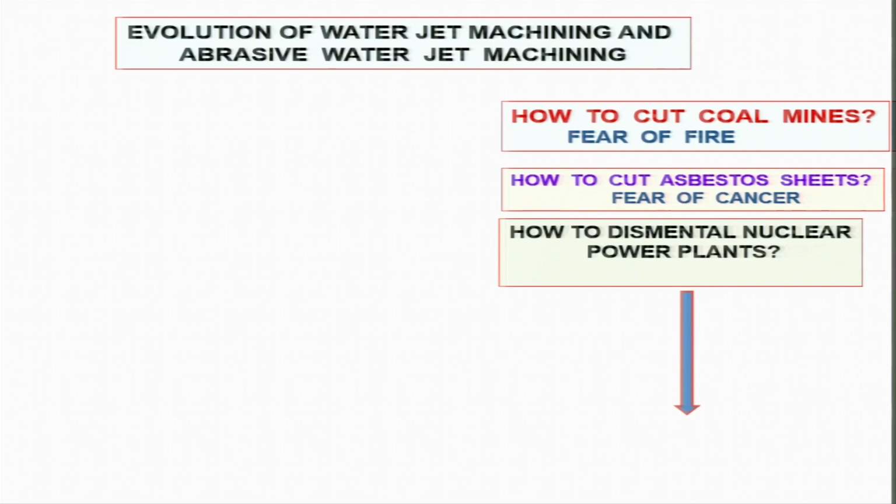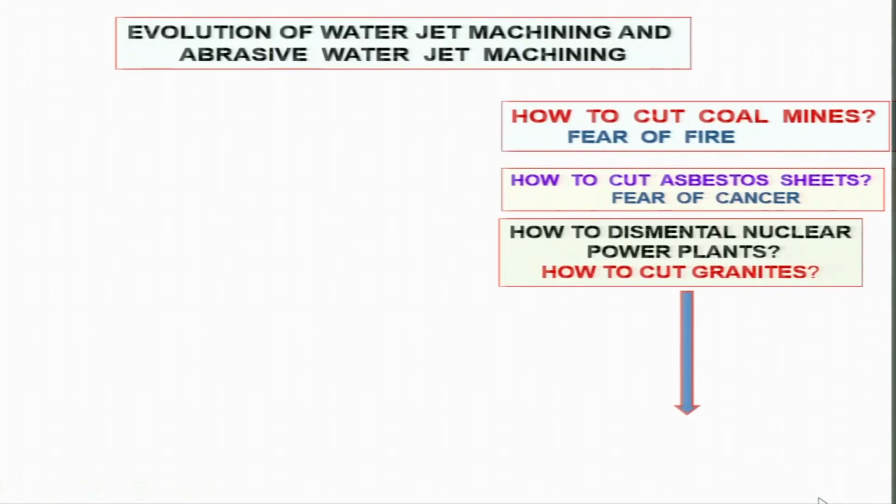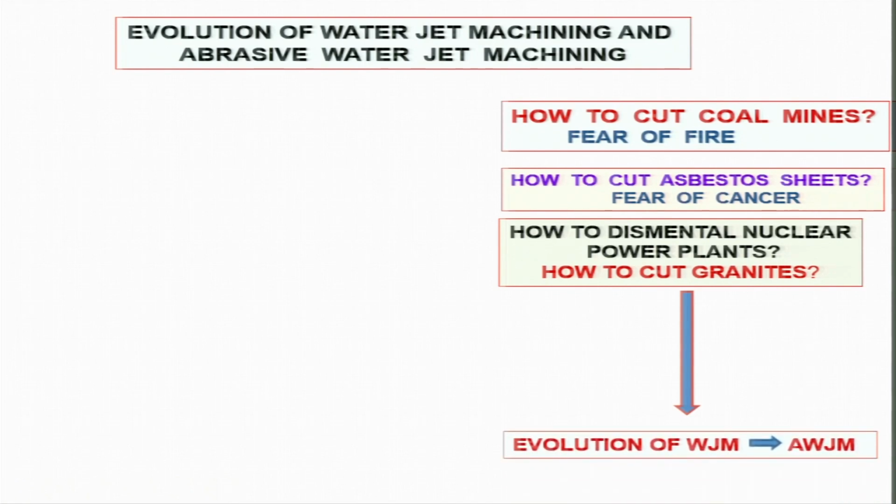Whenever nuclear power plants are dismantled, there were many problems while cutting them and separating them out and taking them away. So how to cut the granites. So the solution was found, and as a result of that, water jet machining and abrasive water jet machining processes were evolved.